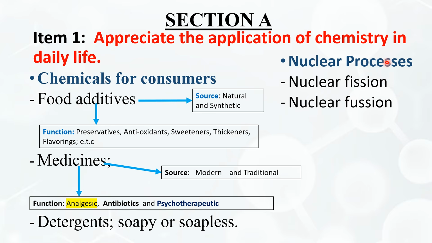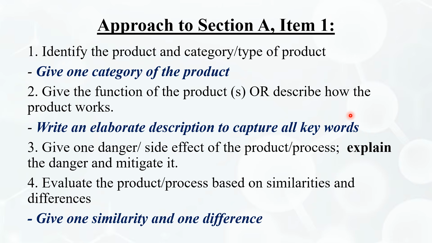Nuclear processes are just categorized into nuclear fission and nuclear fusion. Now, how do we approach items in section A, item number 1? When you go to item number 1, number one thing we need to do, don't forget the areas we consider in this area.